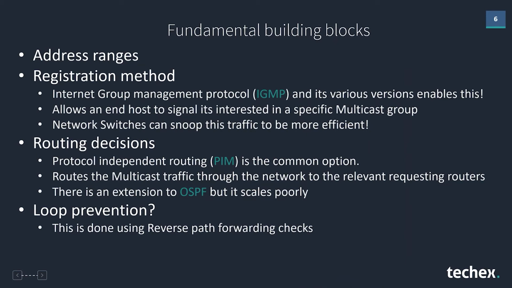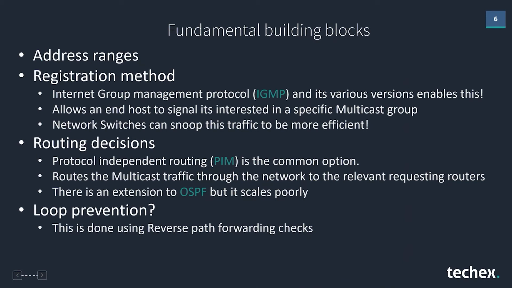There are various versions of IGMP, and we'll go on to them a little bit later. But in essence, IGMP is there to register an interest. It allows an end host to signal that it's interested in the specific multicast group that it's requesting. Network switches can also snoop that traffic to be more efficient, so they can prune traffic from specific ports to preserve bandwidth.